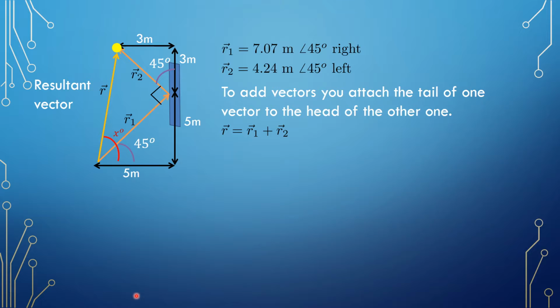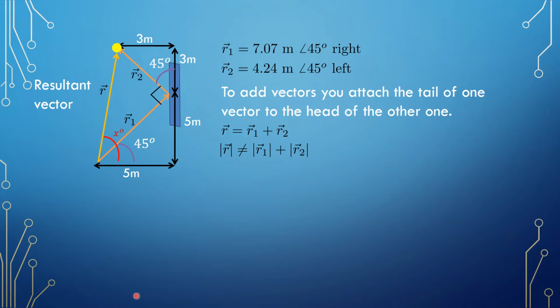We have the resultant vector r, and what we're doing is we're just adding r1 and r2 together, and since they are vectors, we have to put an arrow on top of each letter. And now something very important to note. The magnitude of the resultant vector does not necessarily equal the magnitude of r1 added to the magnitude of r2.